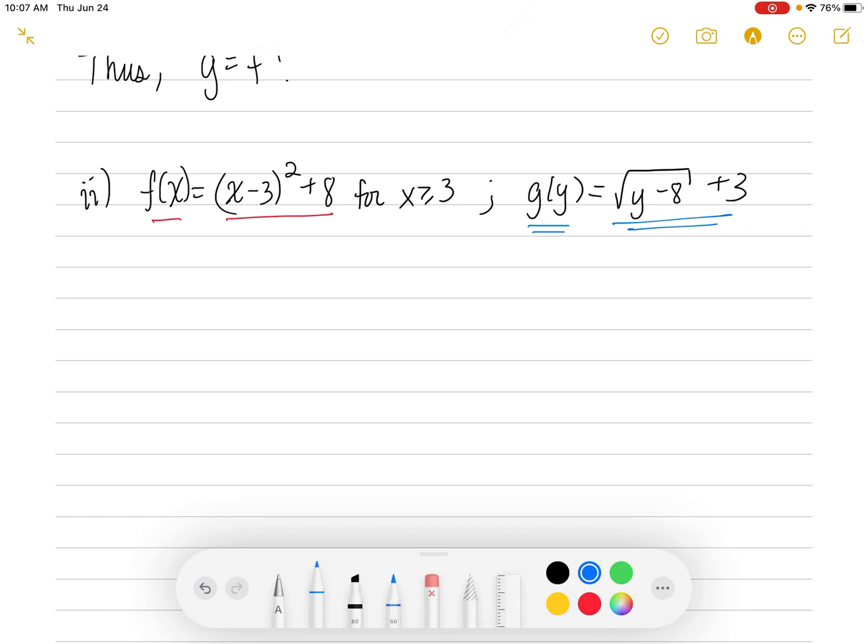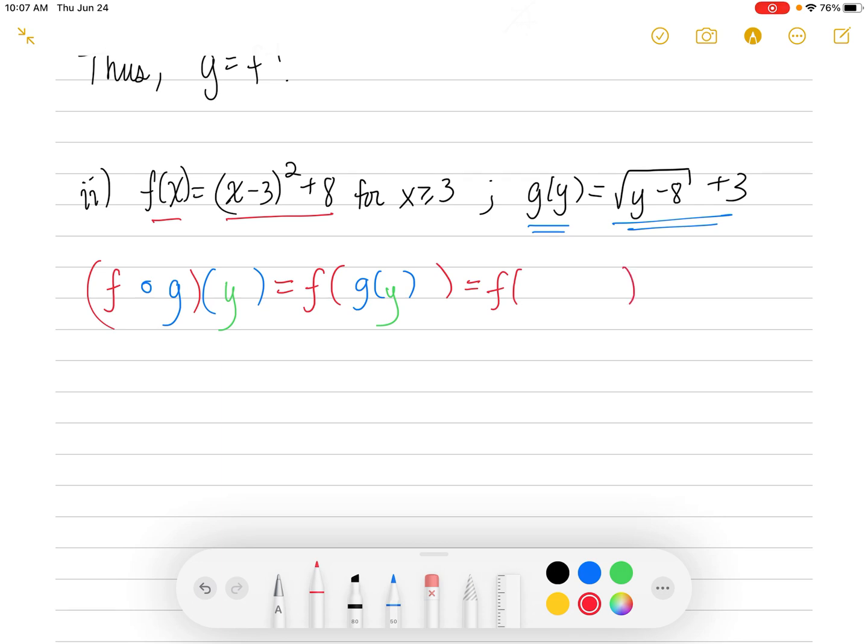Calling this one red. Calling this one blue. To verify that g is the inverse of f, we have to compose them. I'm going to start with composing f composed with g of y.